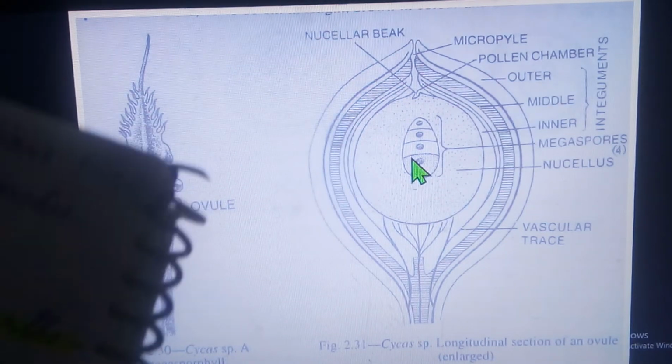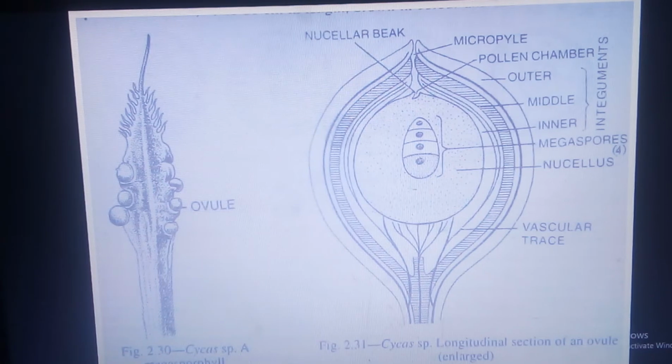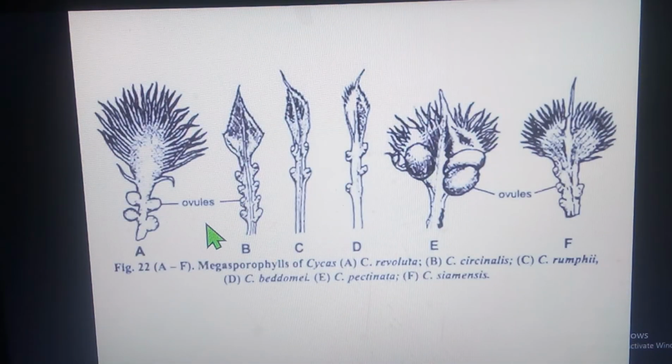Now, they are either ovoid or spherical, and they also vary in size from species to species, such as in the case of Cycas circinalis, where the ovule may attain a length of 60 centimeters.